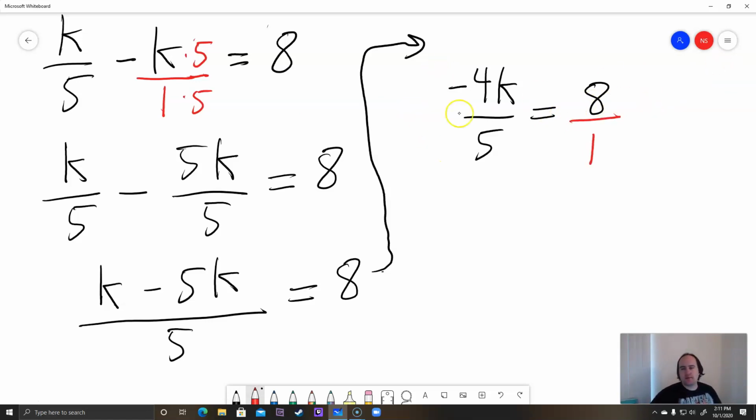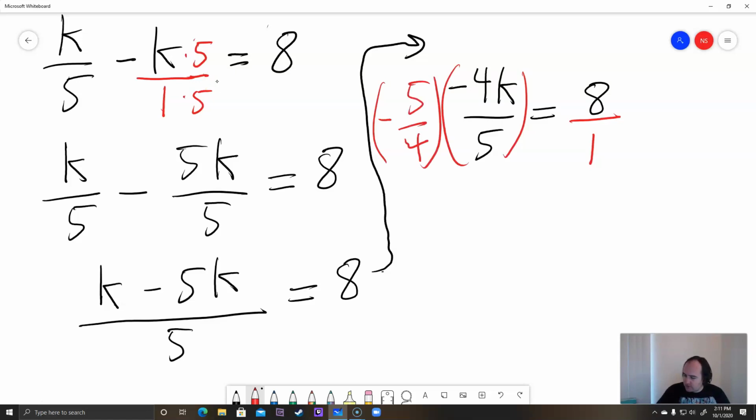And then we're going to multiply both sides by the reciprocal of negative 4 over 5, which means we just flip it over. So we multiply both sides by negative 5 over 4.